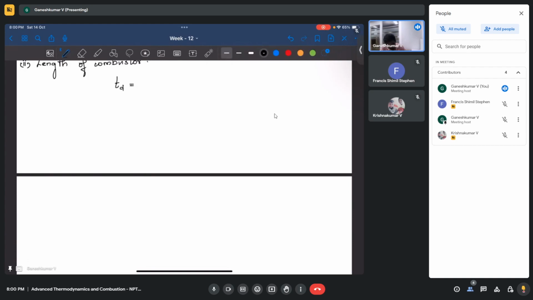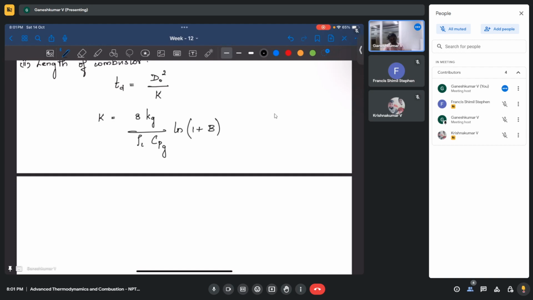But the droplet lifetime is just the initial droplet diameter squared divided by the evaporation constant K. Now we need to find this evaporation constant, which is nothing but 8 times kg divided by rho L Cpg, into ln of 1 plus B.